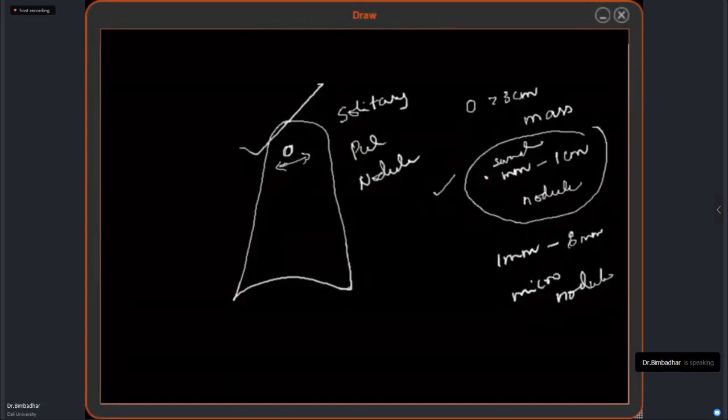So the answer to your question before is that if I have to evaluate whether it is a solitary pulmonary nodule or a tuberculosis lesion, obviously I will do the sputum culture and see if it is TB positive. Then I can define the solitary pulmonary nodule as a Ghon focus.